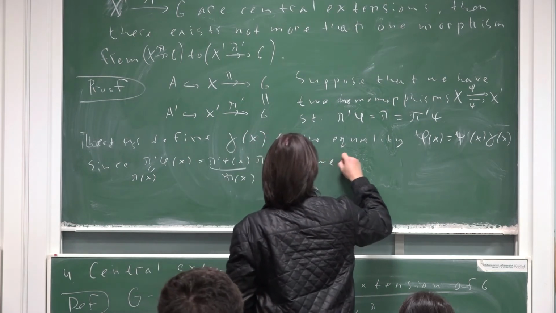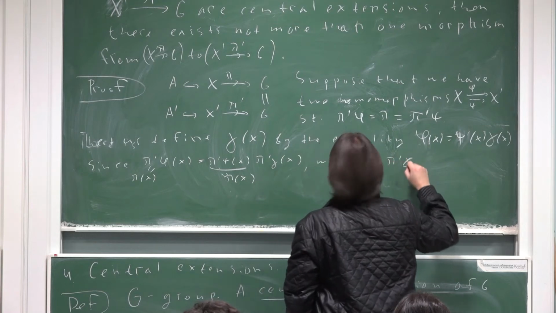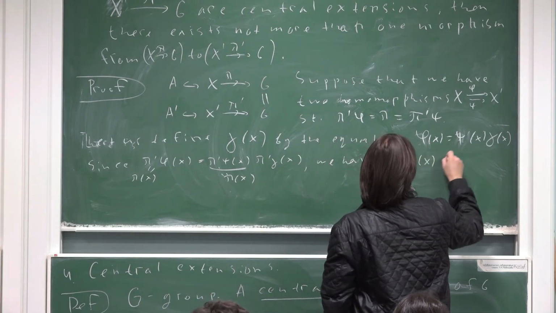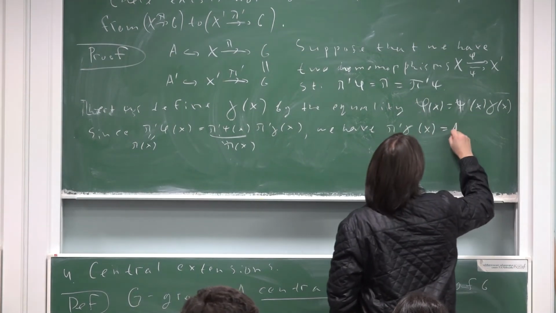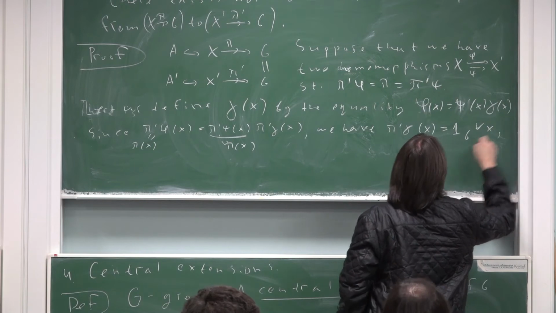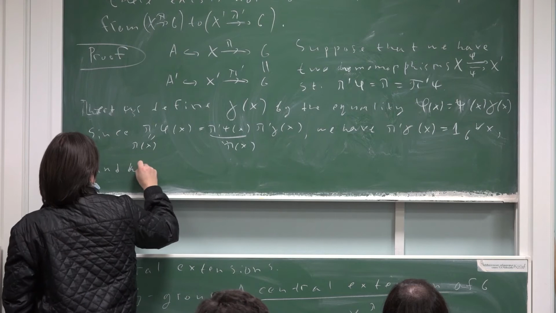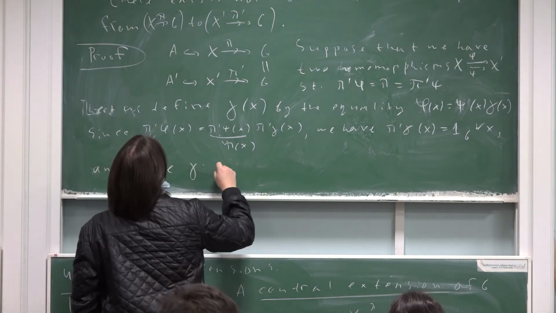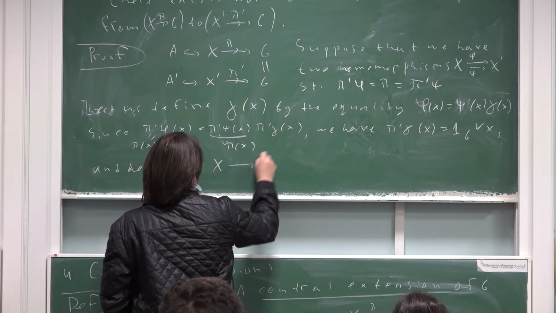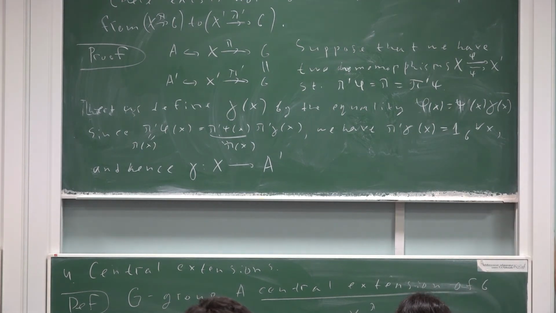We have pi prime gamma of X equals 1_G for any x, and hence gamma is a map from X to A prime, because A prime is the kernel of pi prime.